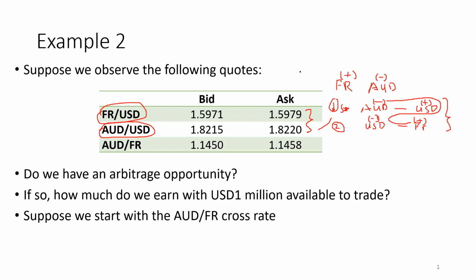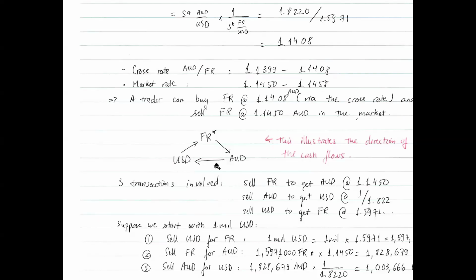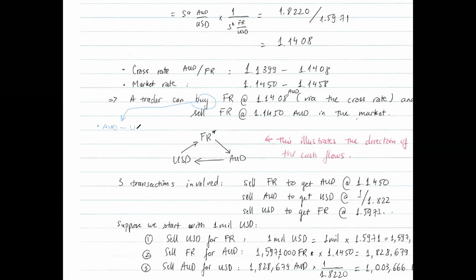Okay, so I'm just going back to my workings here. We just mentioned before that with the buy transaction, because we're buying the franc through the first two banks, we're going to first sell the Australian dollars to acquire the USD.